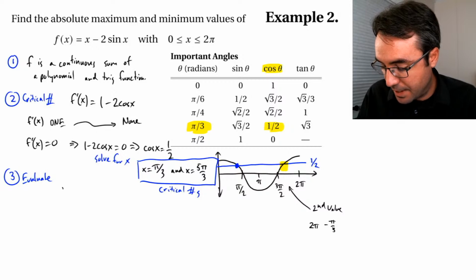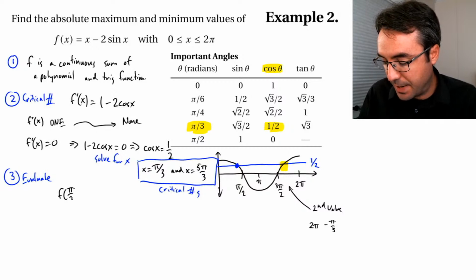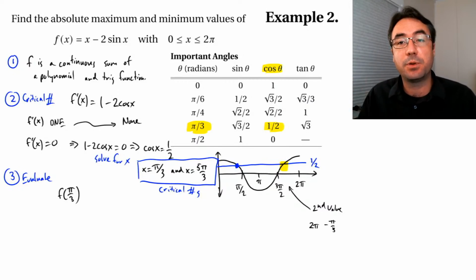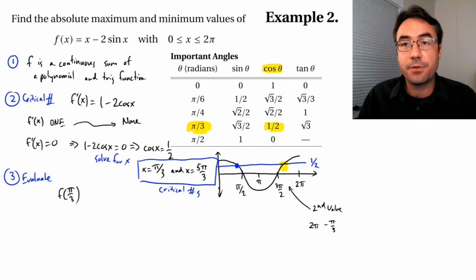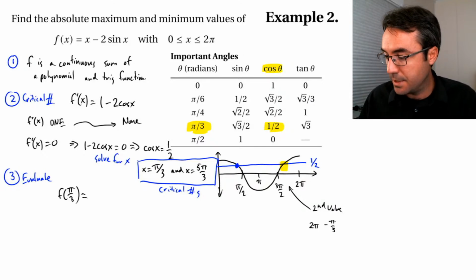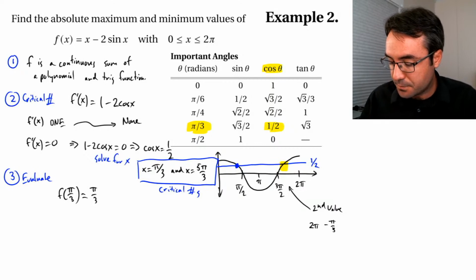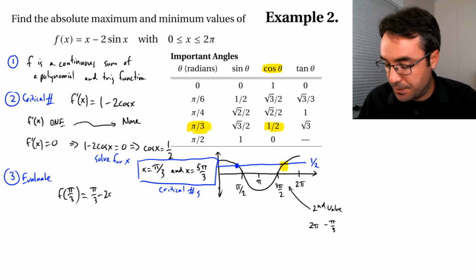So let's do f of pi over 3. We're going back to our original function, and we're going to plug in our critical numbers and our endpoints. When we plug in pi over 3, we end up with pi over 3 minus 2 times sine of pi over 3.